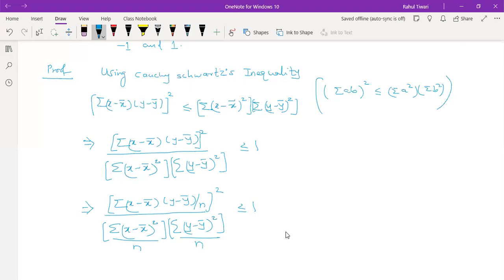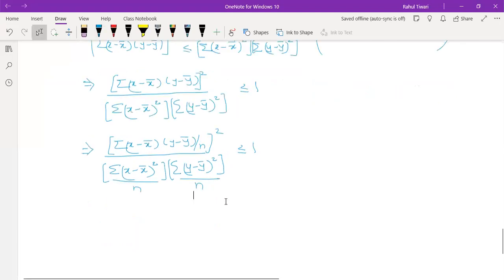Now what is next? What is this part? Is that covariance? So it's the covariance between x, y, whole square. And what is this?